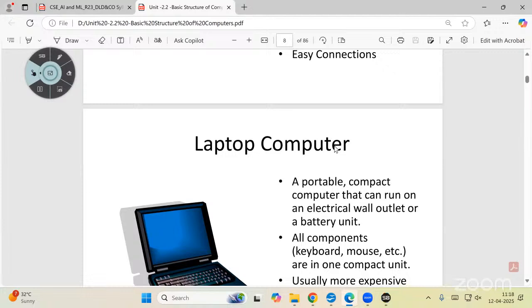Okay. Now, what is after this laptop? What will be the next computer version? After the laptop, I think daily you are seeing in your college the next type, not mobile. Next, computer.